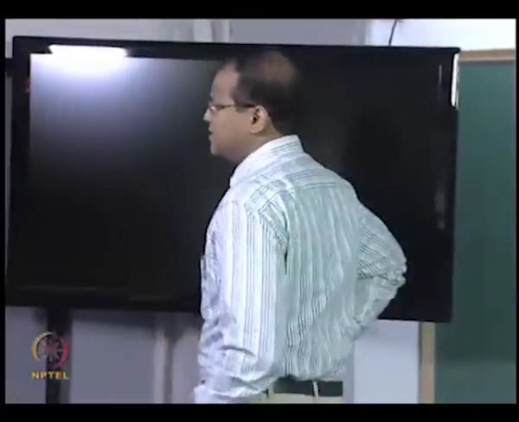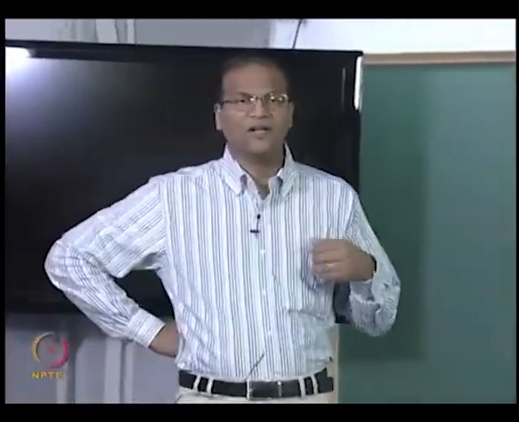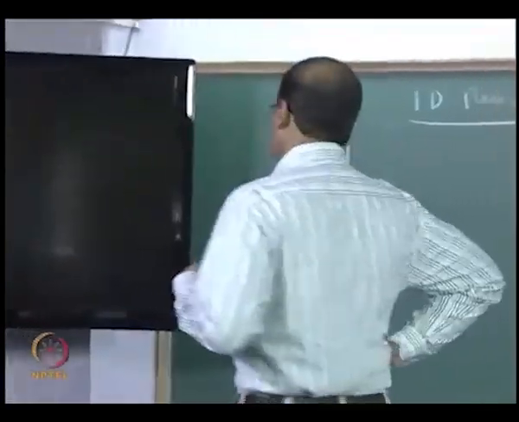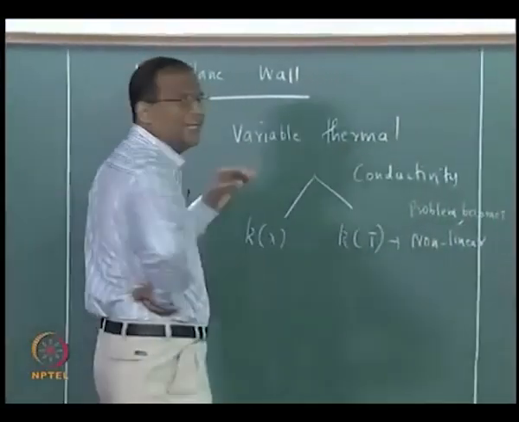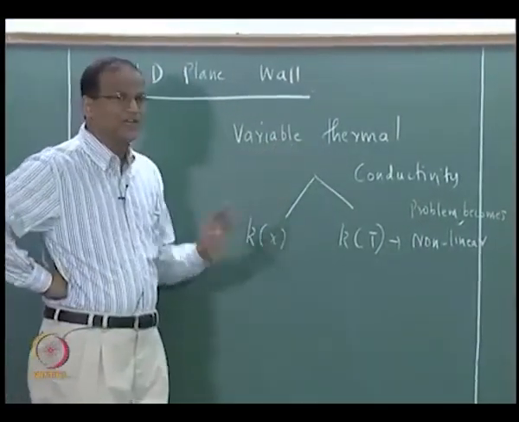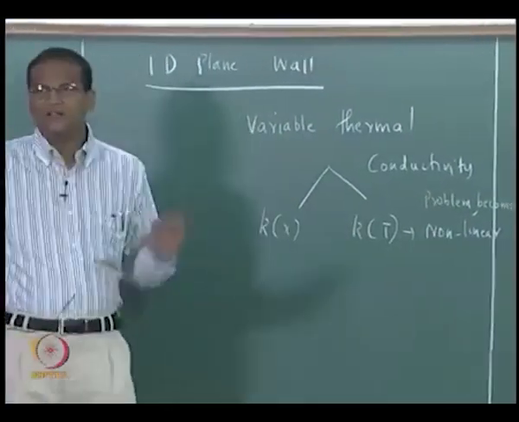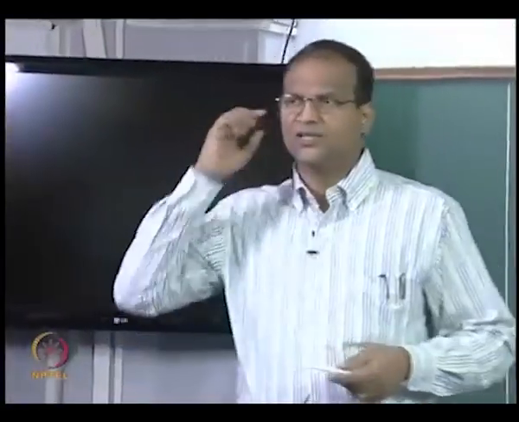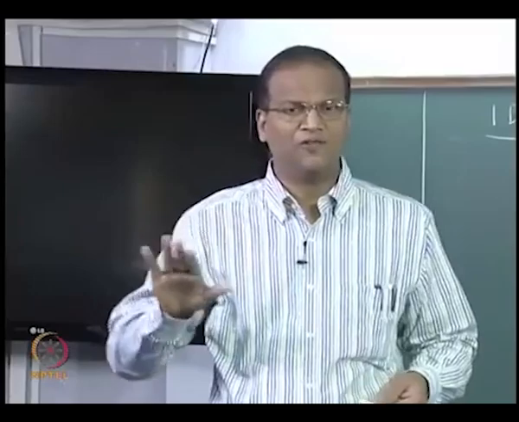Towards the end of yesterday's class, we looked at the problem of the same plane wall with a variable thermal conductivity. The variable thermal conductivity can have two variants: k can be a function of x, and k can be a function of T. When k is a function of x, we figured out a generic formulation to get the solution, and we wrote it in terms of k of x dx.